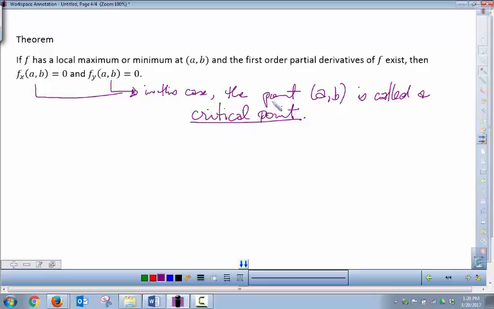So it turns out that wherever you have the local max or local min, your derivative is equal to 0 with respect to x and with respect to y. So that place where you have the derivative equal to 0 with respect to x and with respect to y is called a critical point.